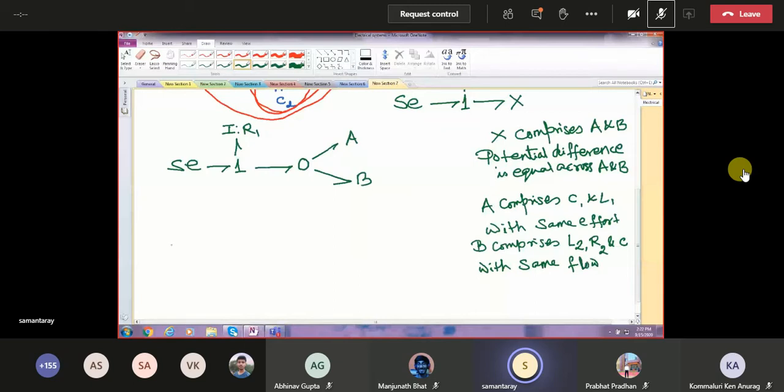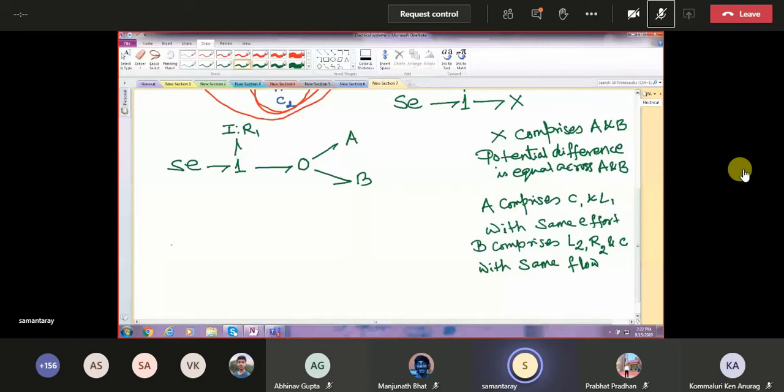We write the source voltage, then one junction, R1, then zero junction. A has the same potential. There is C and L1. C is 1 by C1.